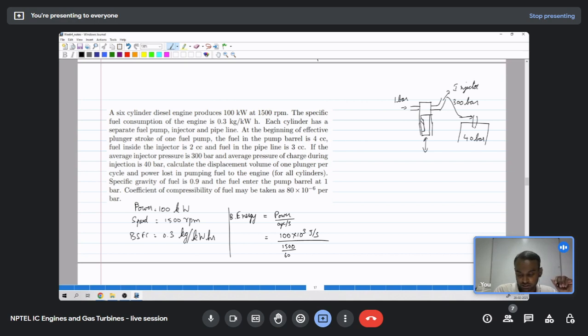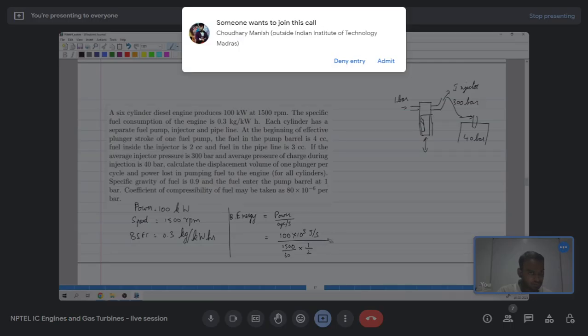And since generally it will be a 4-stroke engine, here it is not given, but still we can assume it as a 4-stroke engine, and that means it will have one power stroke for every 2 revolutions, right? Then number of cycles per second: to get the number of cycles per second, we have to divide the RPM by 2. So this way we will have cycles per second in the denominator and joules per second in the numerator. Then this will cancel out and we will get energy in terms of joules per cycle.